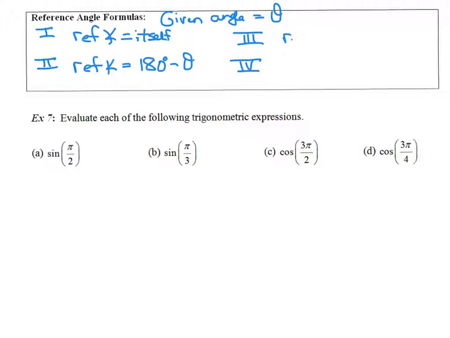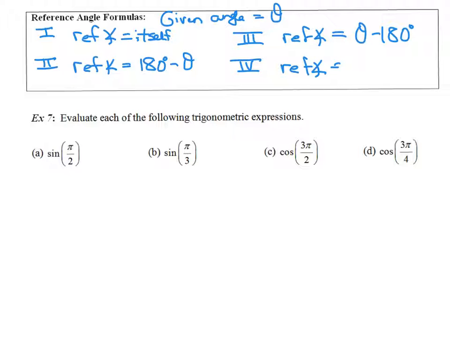In quadrant number 3, we're still going to be measuring from that 180 degree mark, but in quadrant 3 the angles are all bigger than 180 degrees. So we're going to take the given angle and subtract 180 degrees to get the reference angle. And in quadrant number 4, this time instead of measuring from the 180 degree side, we're going to measure from the 360 degree side.